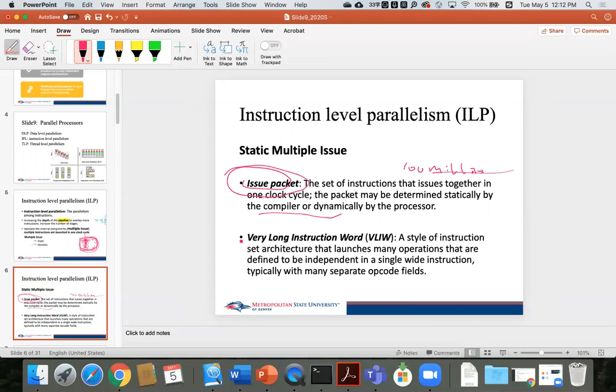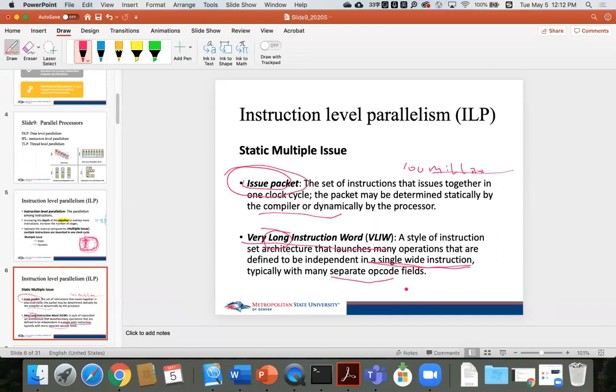We could also have a very long instruction word. It's a special format instruction, a style of instruction set architecture that launches many operations defined to be independent in one single wide instruction. The instruction is super wide, pretty long, and inside of it you could have several opcodes.